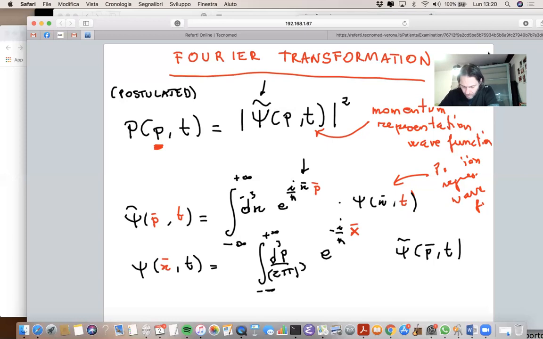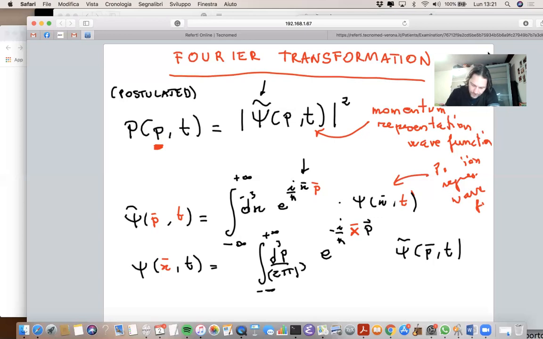Well, we take the wave function in momentum space, suppose we have it already, we apply a phase which has an opposite sign, and we perform the integral over the momentum.